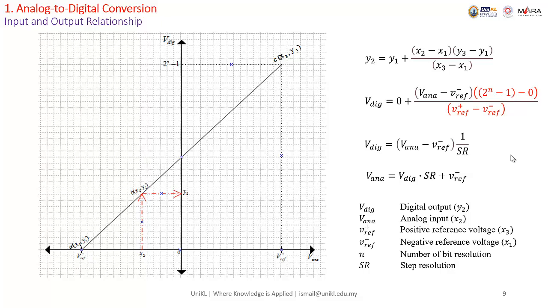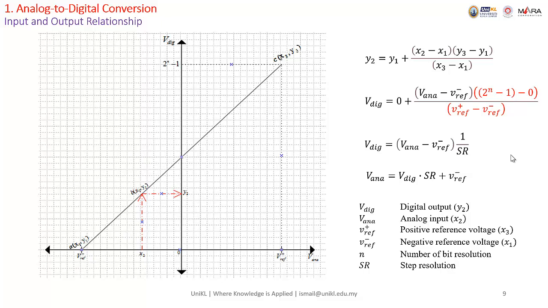Next, from that third equation we can rewrite V analog is equal to V digital multiply with SR, plus Vref negative. So at any time you can calculate what is the V analog for that.